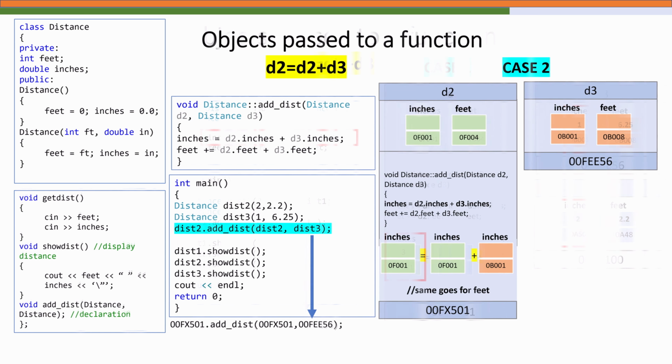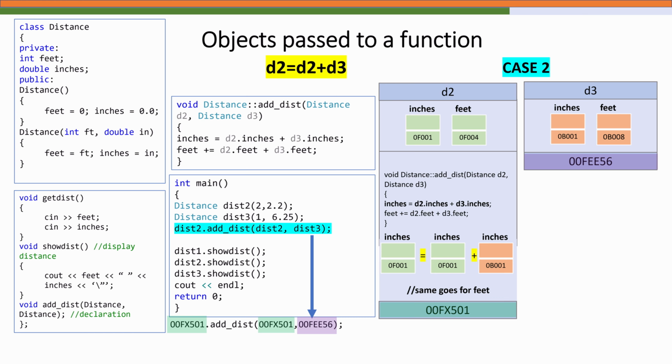In case 2, let's see what happens when the calling object itself is one of the operands. For example, d2.add_dist, and the arguments we pass are d2 and d3. This time the receiver and one argument refer to the same object in memory, that is d2.